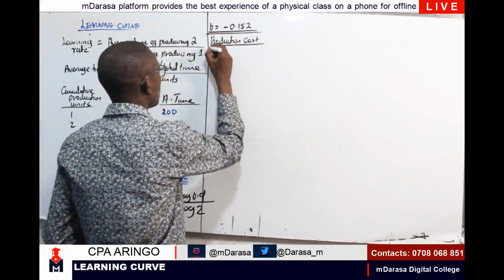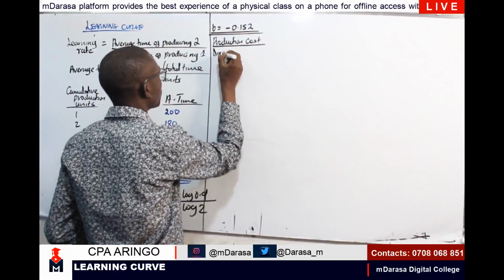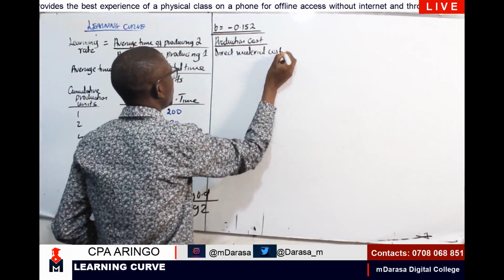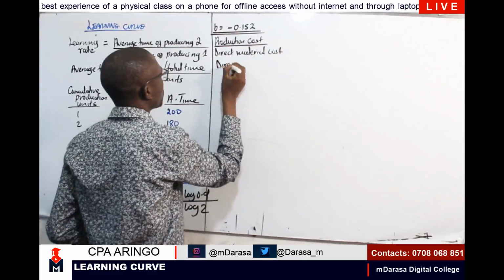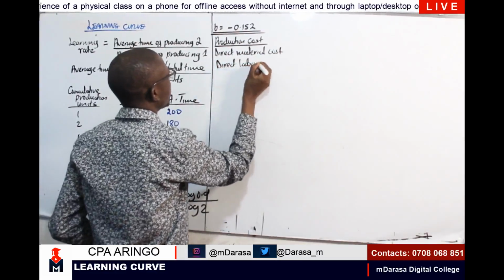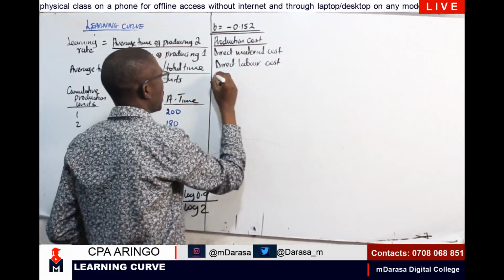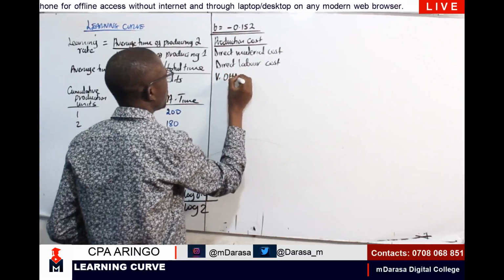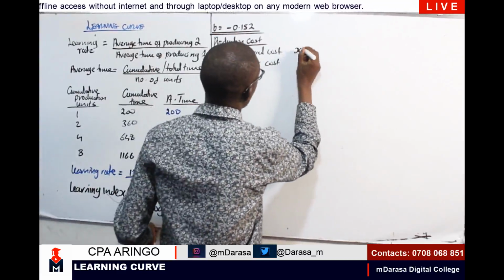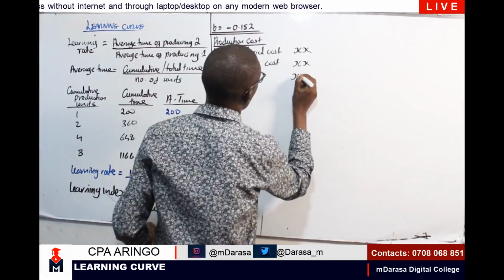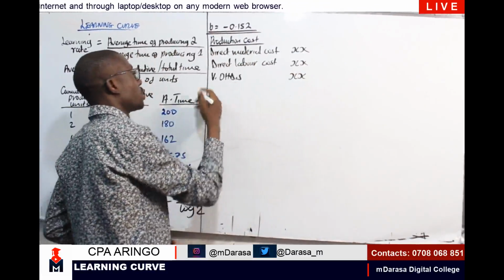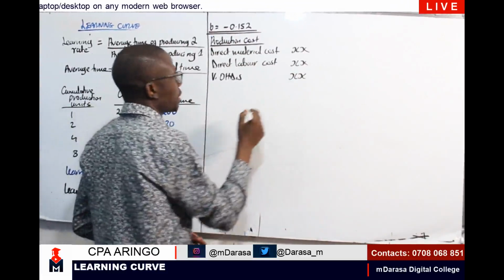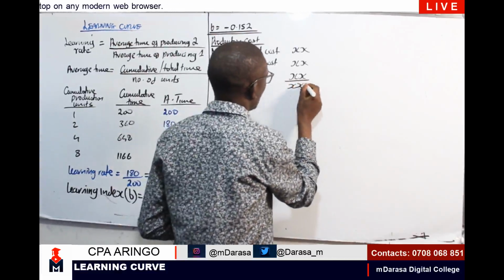These will be direct material cost, direct labor cost, as well as the aspect of variable OHDs, variable overheads. So this is what will give us our production cost. And many times you can talk of fixed overheads, but relating to production, fixed production overheads.